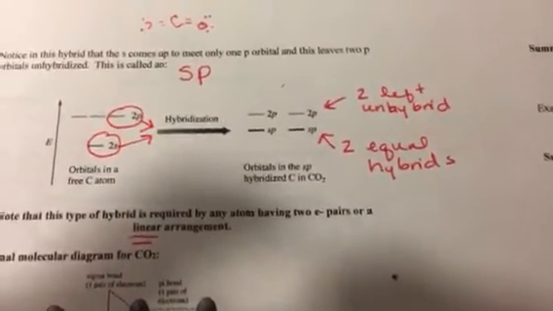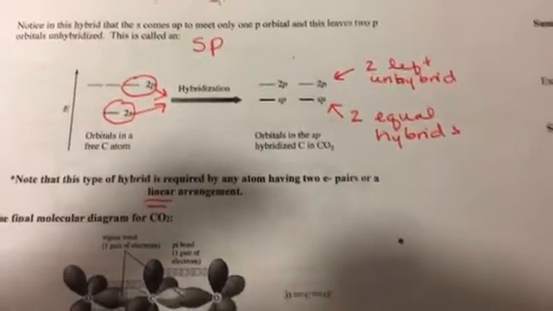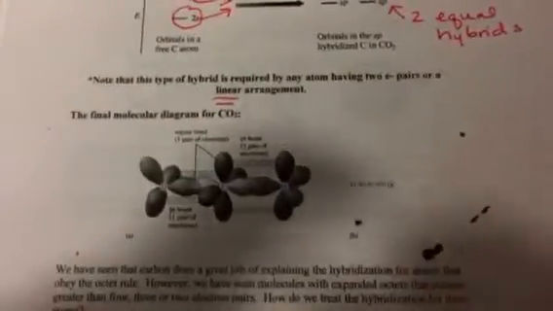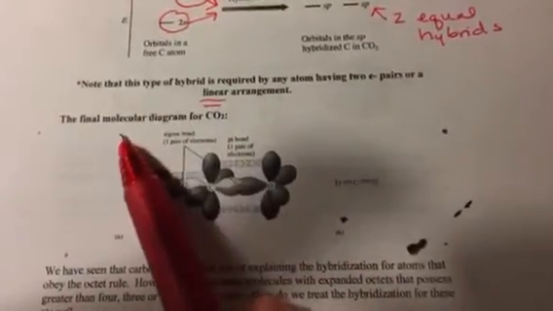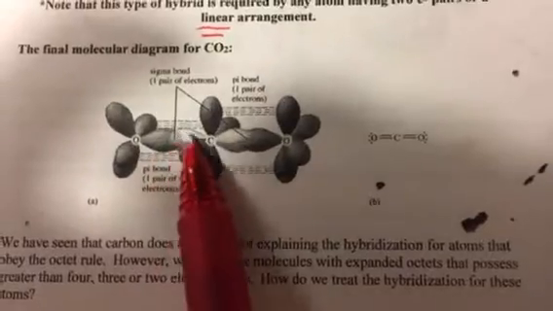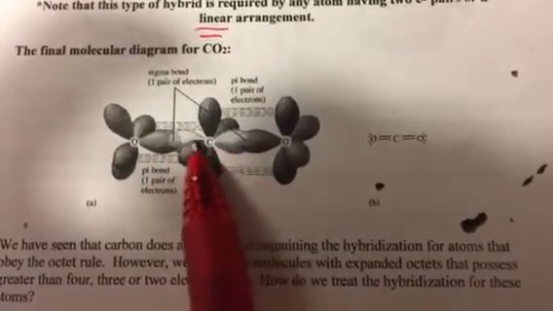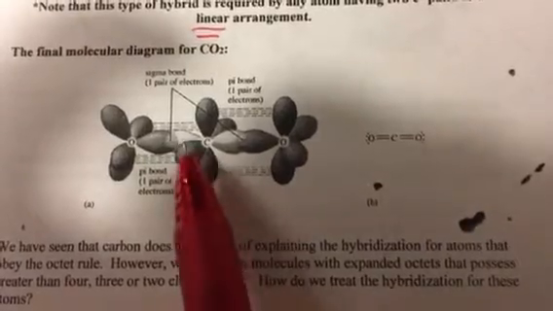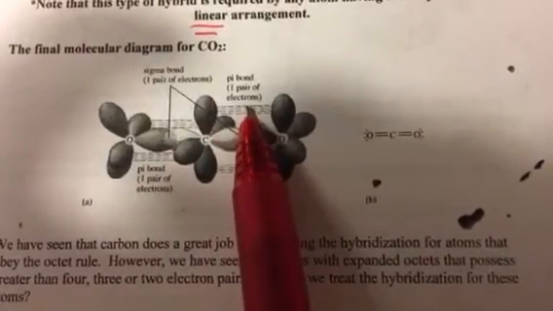You'll remember in the sp2 model, that allowed for pi bonding above and below the axis. So look at the molecular orbital diagram, and you can see the linear lobe right here on carbon, and then the unhybridized py and the unhybridized px.